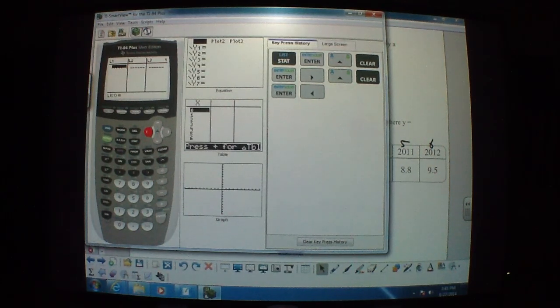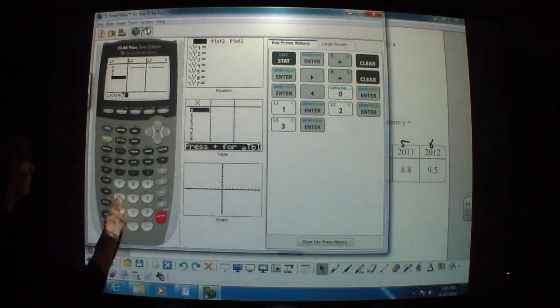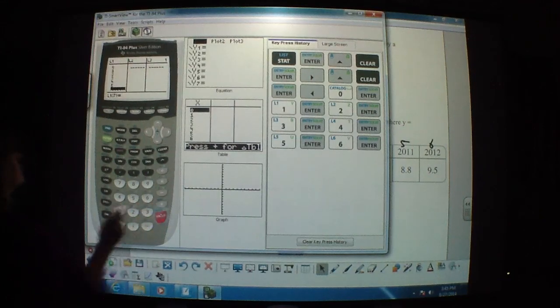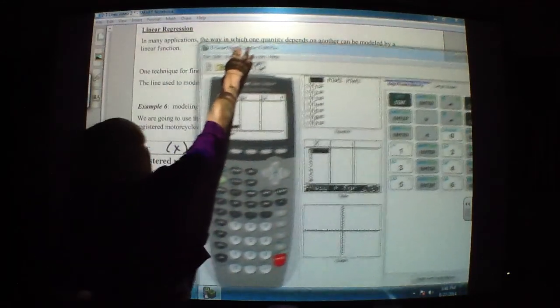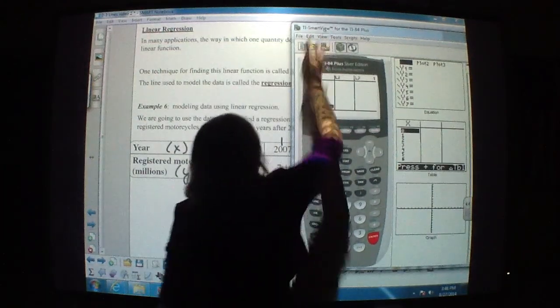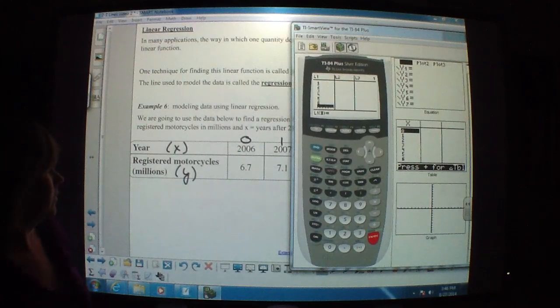In L1, I'm going to put my x variable. And remember, my x variable was 0, 1, 2, 3, 4, 5, and 6. And in my next column, I'll probably have to move this a little bit in a minute, I'm going to put what my y variable is.